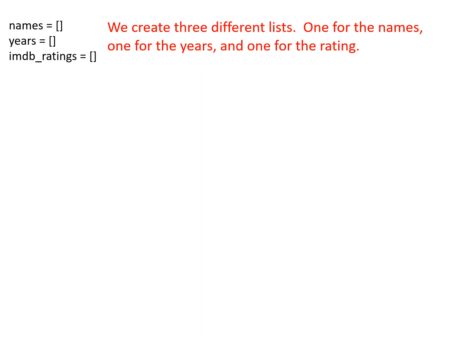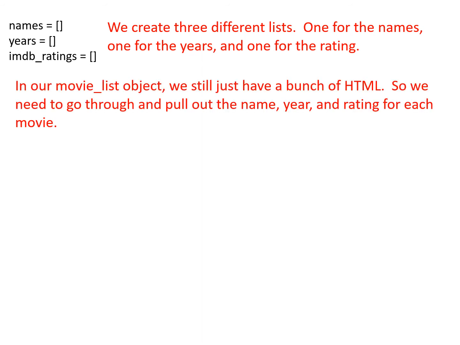The next line creates a list called years, and then we create one for the ratings too. Now we create these lists using these statements, but those lists will be empty until we put things in them. So at this point we will have those lists, but they will be empty.